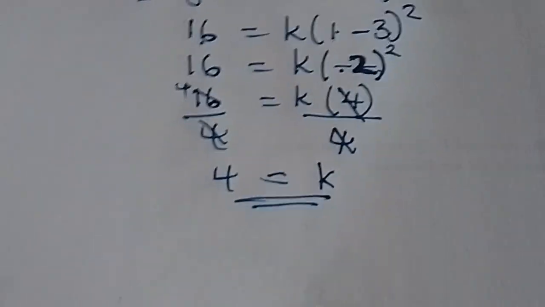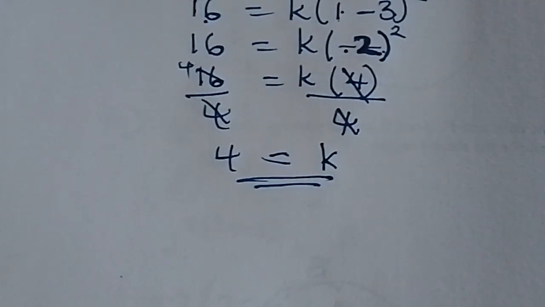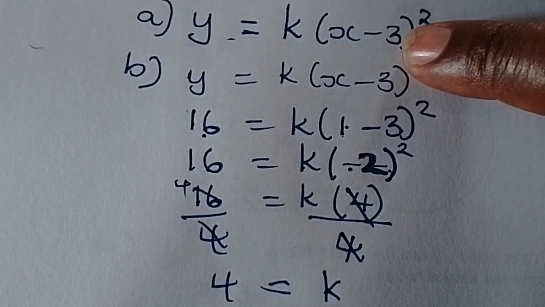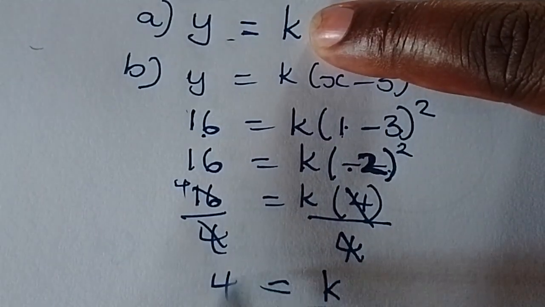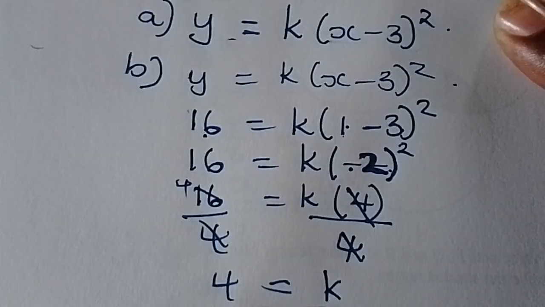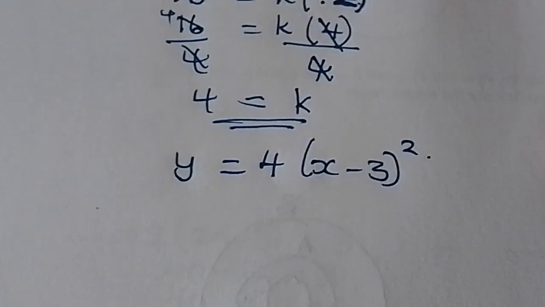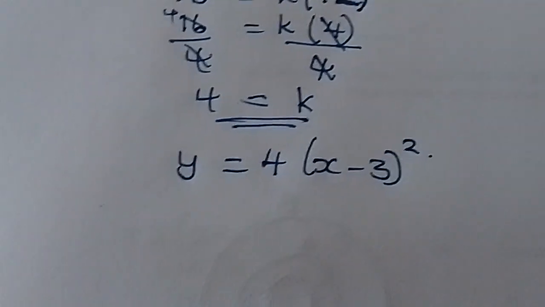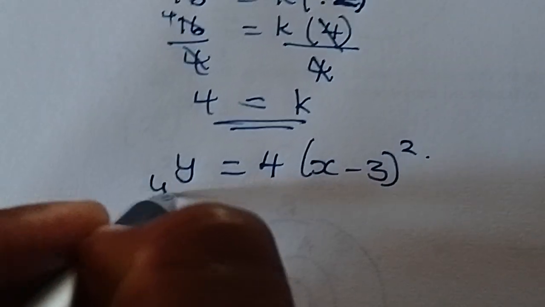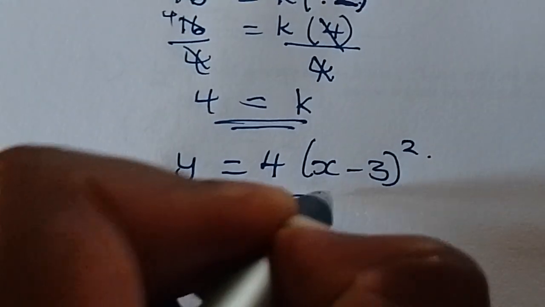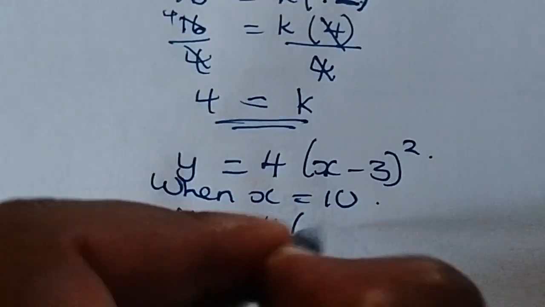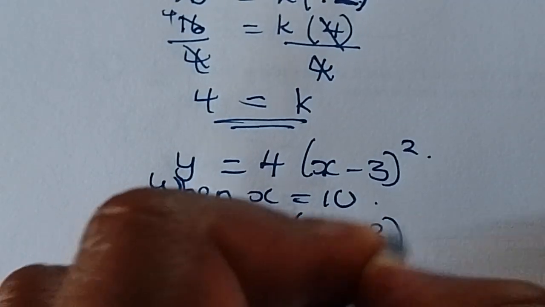Then we want to find y when x is equal to 10. So we get back to where we started. We said y is equal to, but we now have k being equal to 4, times x minus 3 squared. So that's the equation connecting y and x. So we now want to find the value of y when x is 10. In place of x, we put our 10 minus 3 squared.